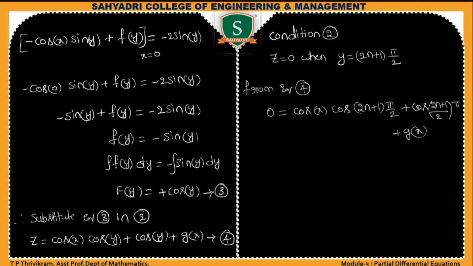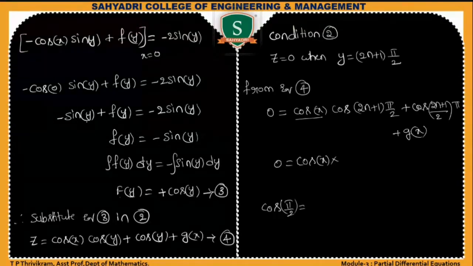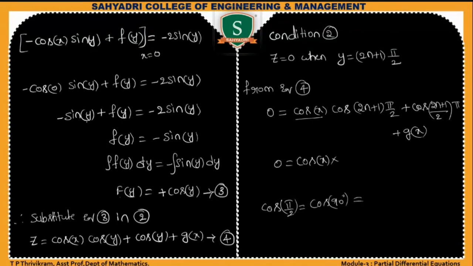So 0 is equal to cos x, you keep as it is, into what is cos pi by 2? Cos pi by 2 means cos 90, which is zero.